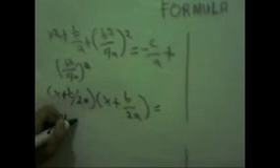Now it will be x plus b over 2a times x plus b over 2a equals negative 4ac over 4a squared plus b squared over 4a squared. Find a common denominator first.